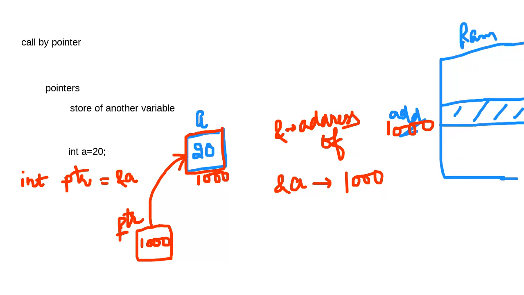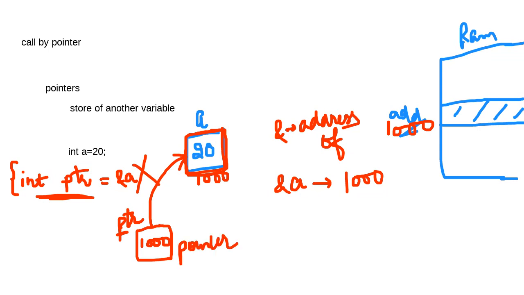No, we cannot. Why? Because if I write this way, ptr is treated as a normal variable, and that means it should contain an integer. But what do I want? I want this ptr to refer to this particular location, to refer to the address of a. So that's why ptr should be a pointer variable.